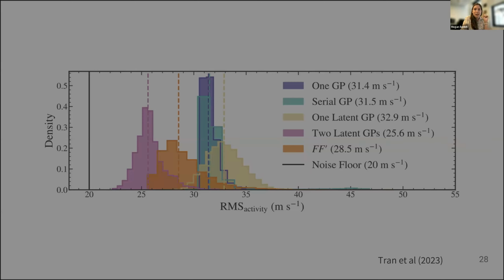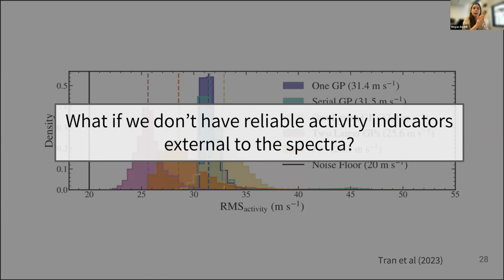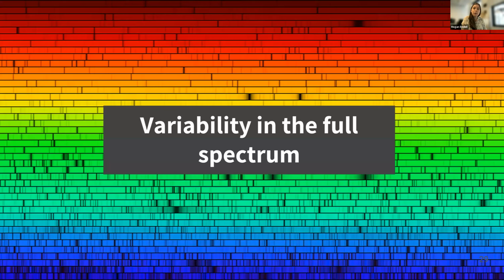So that's cool. But what if we don't have photometry? How do we best make use of the spectra that we have in hand? For the last little bit of my talk, I want to turn to the piece of the puzzle of addressing variability of the star at the full spectrum level.